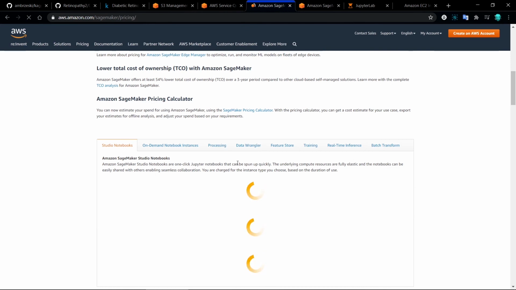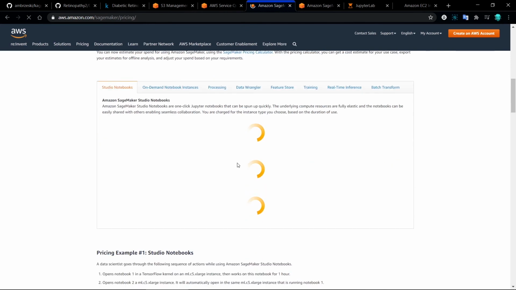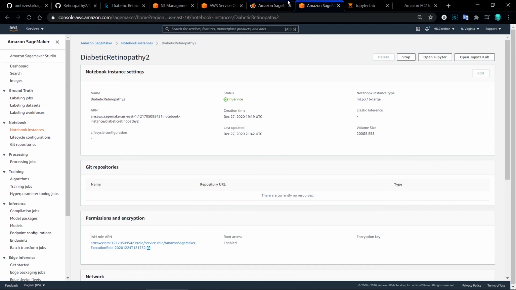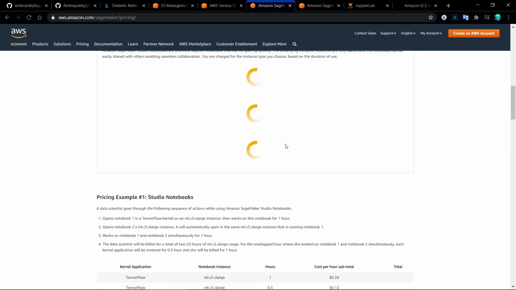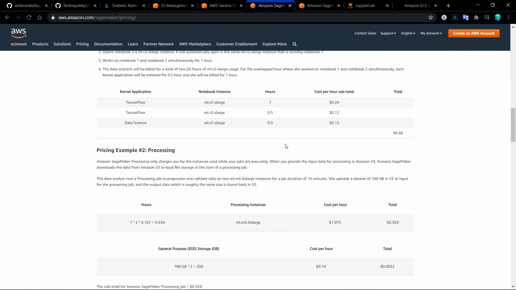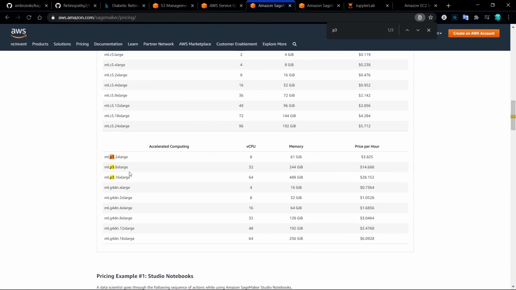I'm currently in the North Virginia region. We have to find here what kind of resources, P2, P3.xlarge, and P3.16xlarge.